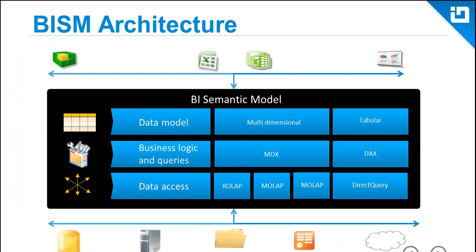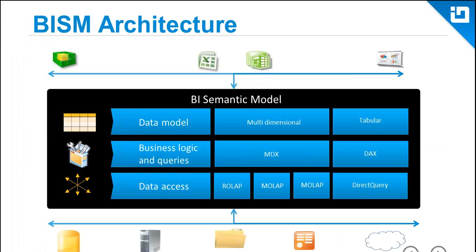Similarly, in the business logic and queries, for the multidimensional part, you can use MDX queries. MDX queries everybody is using anyway, so it's a universal standard now. And if you're storing in a tabular way, you can even retrieve through DAX.